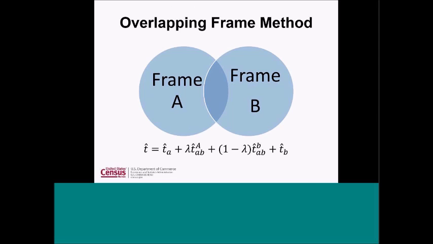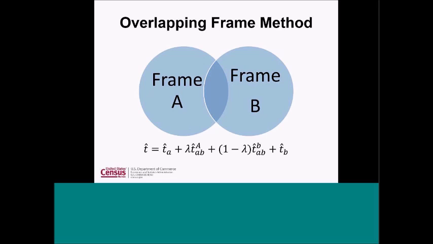So, some basic ideas of overlapping frames. If you have two frames, there's a piece that I call little a here that is only in frame A. There's what I call little b, which is only in frame B. And then there's where they overlap, where it's AB. The piece only in A can only be estimated from that frame, in the sample in that frame.